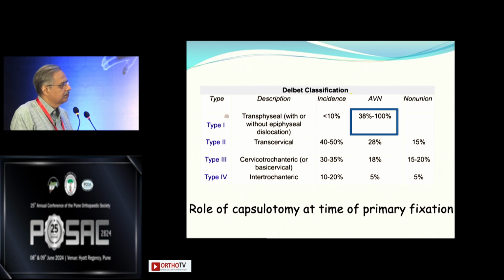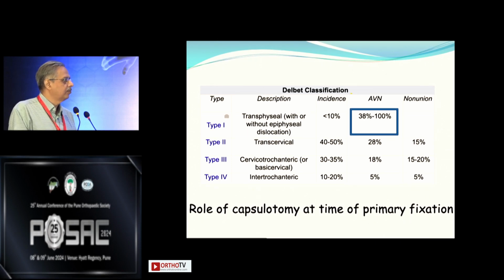The literature is not very clear about this. The only two determinants which are predictive of avascular necrosis: one is the age of the patient. Older children have higher chances of AVN. Second is the type of fracture. Both are not in your control.